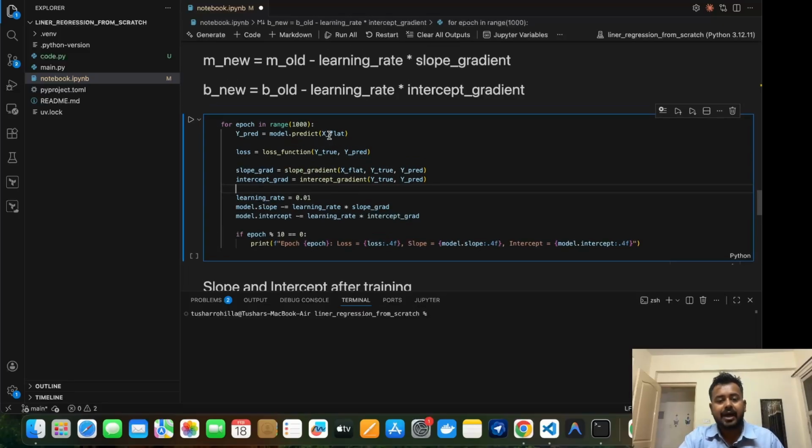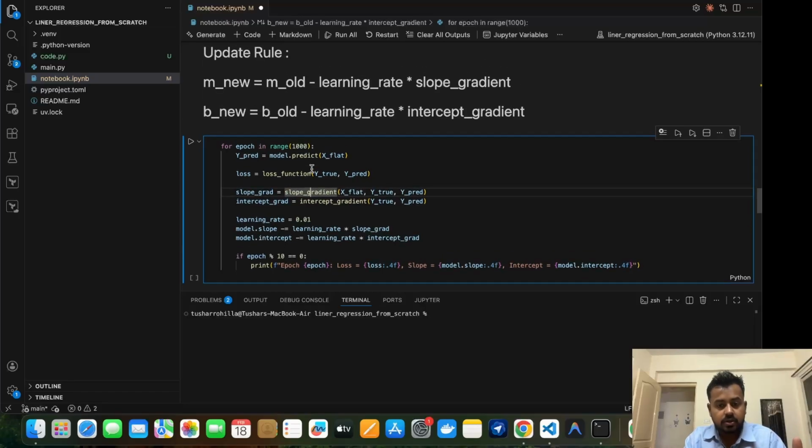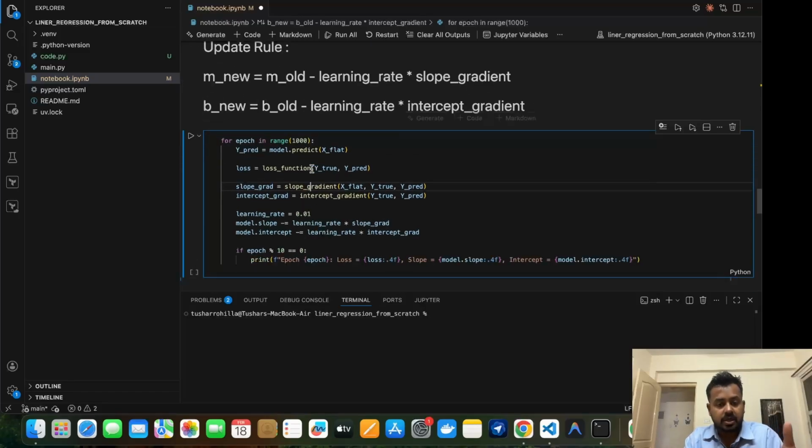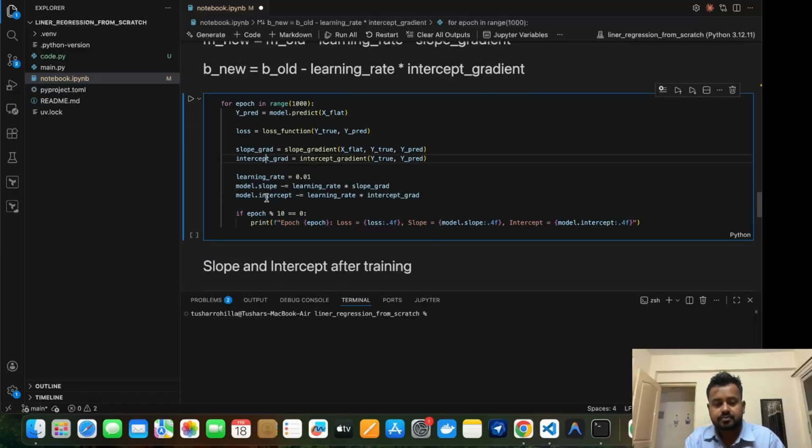We are passing the x to the model, taking some predicted value, computing the loss along with the y true, and taking the gradient of this loss with respect to the slope, which comes from this function, the dL by dm. This is the slope gradient at this particular value of x and y, and this is the intercept gradient for this particular value of x and y.